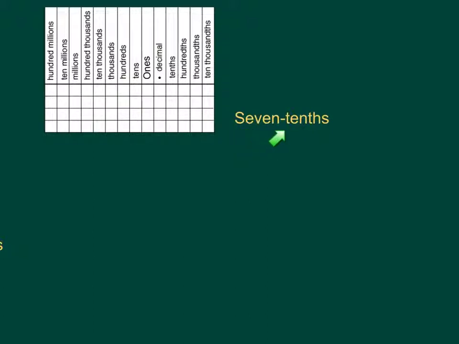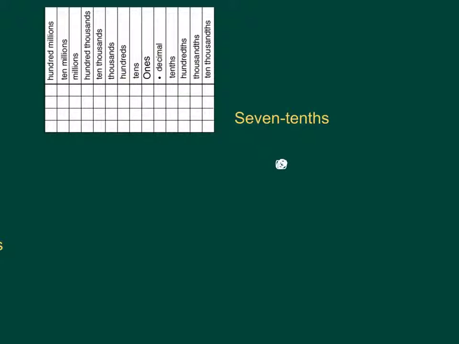If I were to ask you to write 7/10 in standard form, what would you write? This is our clue, the tenths place. Here is our tenths place, 1 place to the right of the decimal. So what we would need to do is first write our decimal.